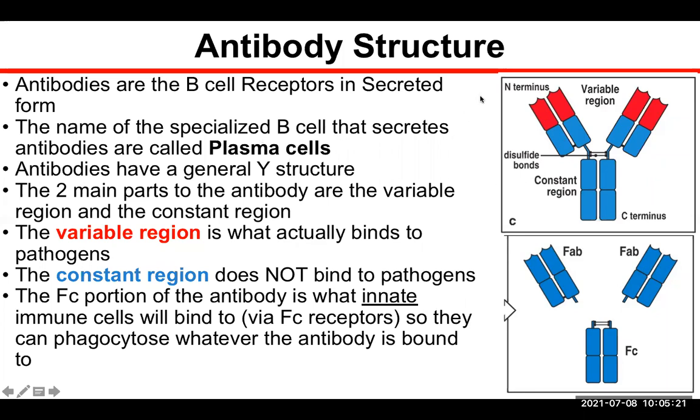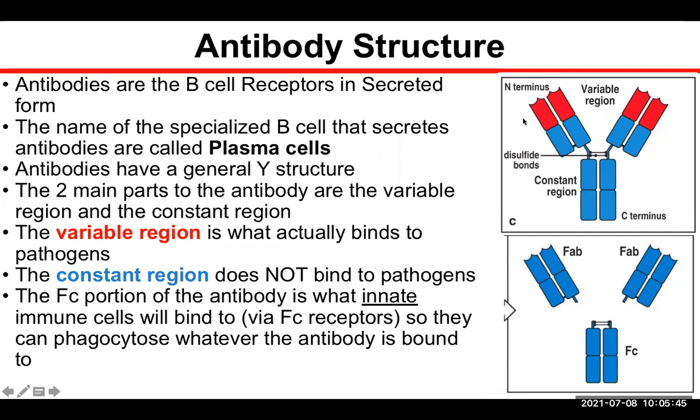All antibodies have this general Y structure, so it's important to understand that. There are 2 main parts to this antibody that I really want you guys to know because they both have very important functions. In the variable region of the antibody, this is where your receptor is actually going to recognize the antigen.